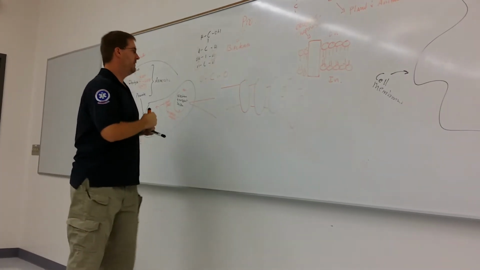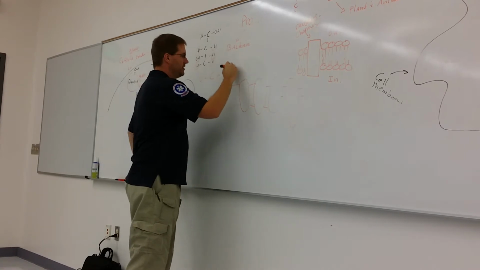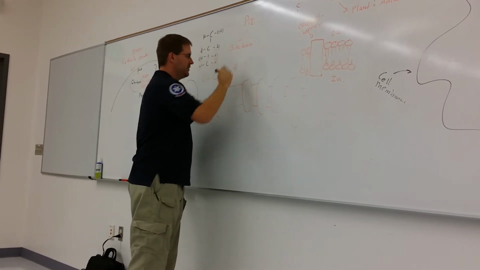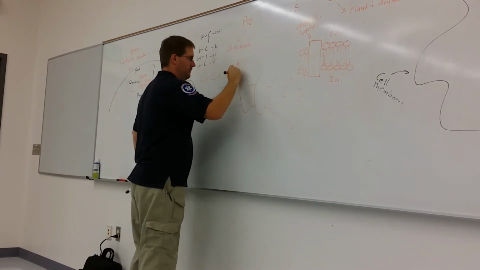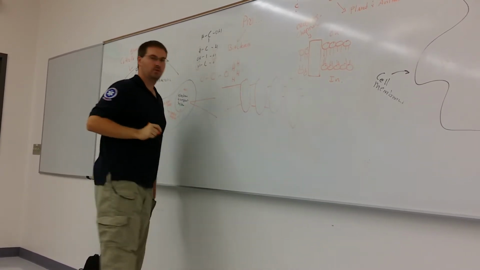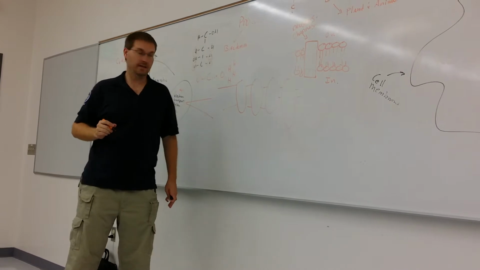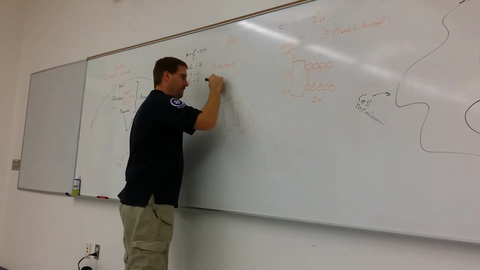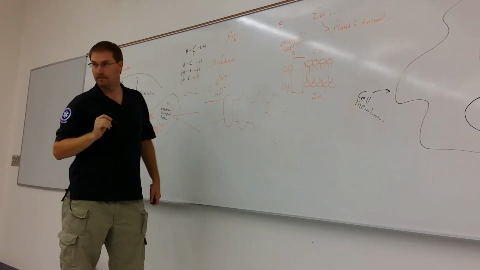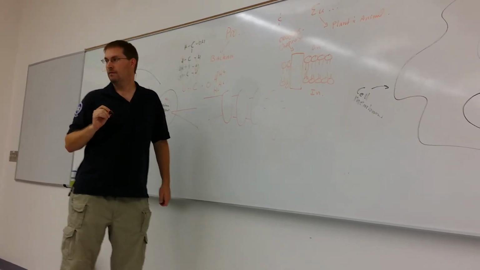Okay, and the NAD and the FAD are going to dump those hydrogens off over here. The hydrogens will be ionized when they get dumped off, so they will actually be H pluses. What are they missing? An electron.